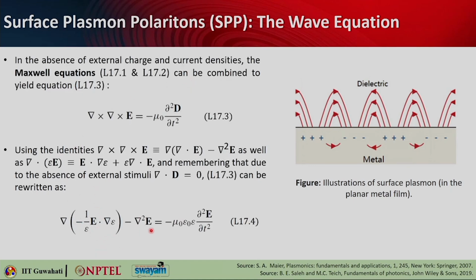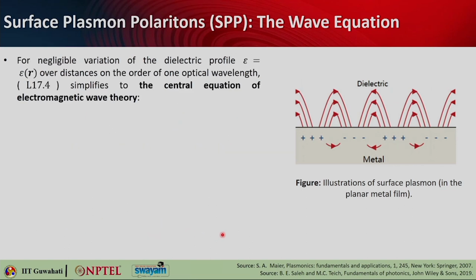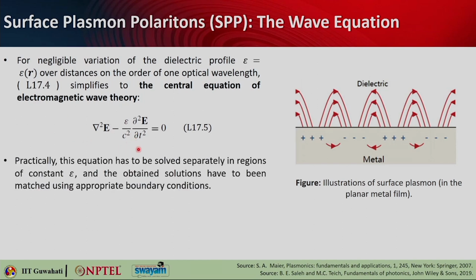So you are just left with this term and this term. You remove the negative sign from both sides, and what you are left with is del square E minus epsilon by c square, where 1 over c square is nothing but mu naught epsilon naught. So this is a simplified version of the wave equation.